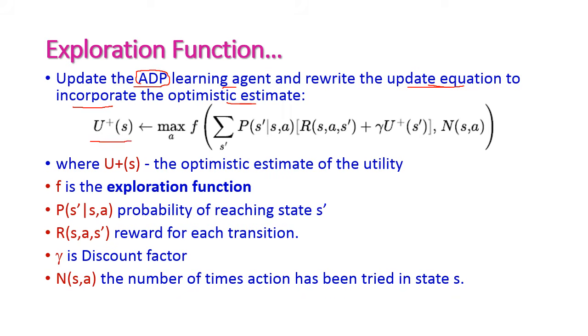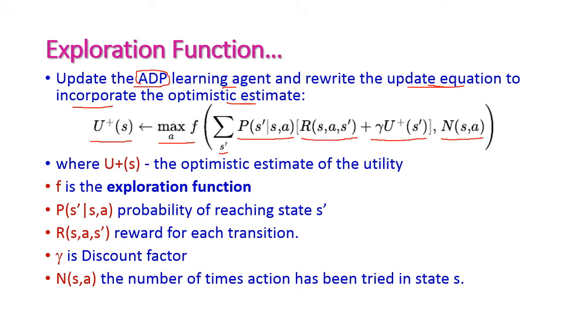u plus of s is equal to maximum over a of f of summation over s dash of p of s dash given s comma a, into r of s comma a comma s dash plus gamma u plus of s dash, comma n of s comma a.